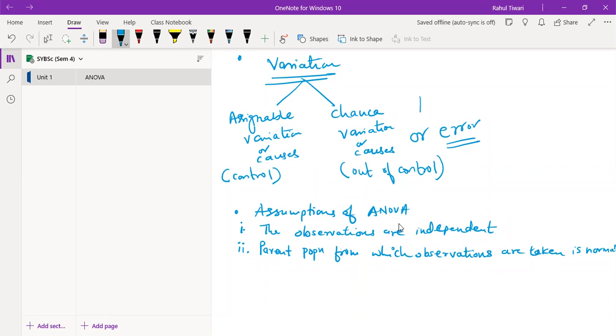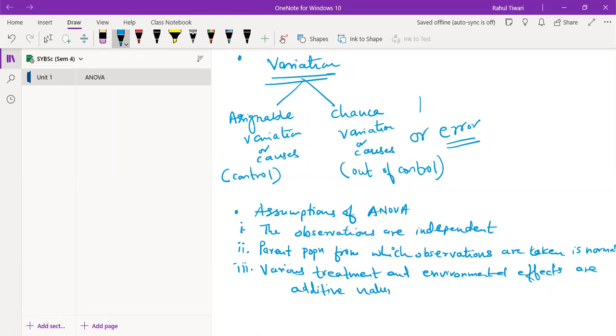And the third assumption which we need to take properly is that various treatment and environmental effects are additive in nature.